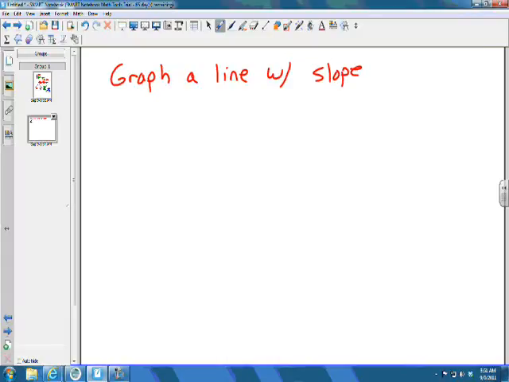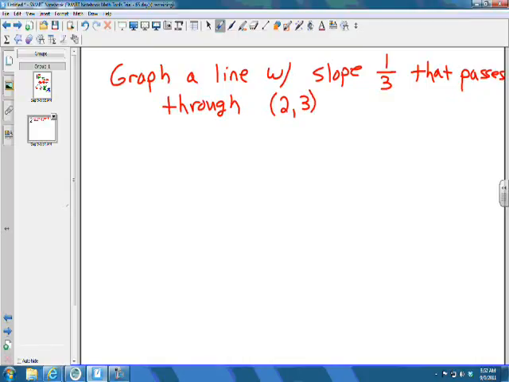So graphing a line with slope of 1/3 that passes through 2, 3. So what you're going to do is plot the point they give you and then count the slope.